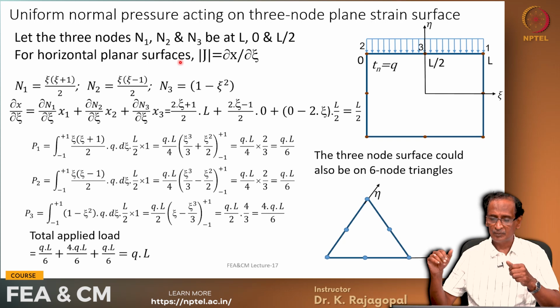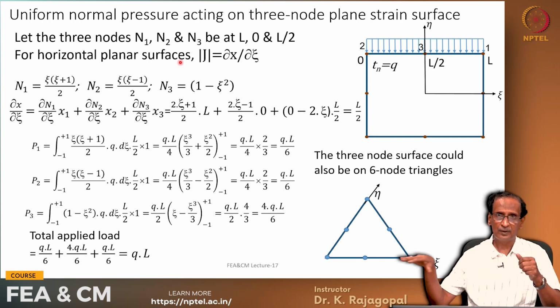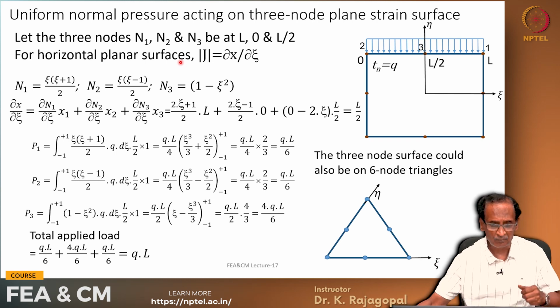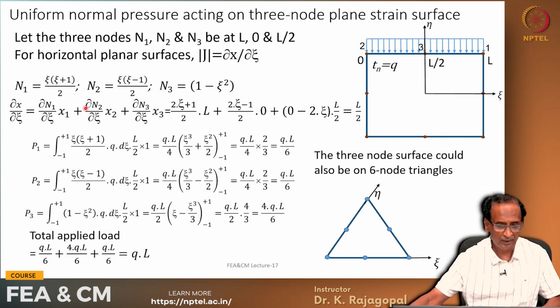This being a horizontal surface, there is no dou y by dou xi, it will be 0. Our dou x by dou xi comes out as L by 2, because the center node is exactly at the mid length. So, the xi's cancel out, and we are left with only L by 2.